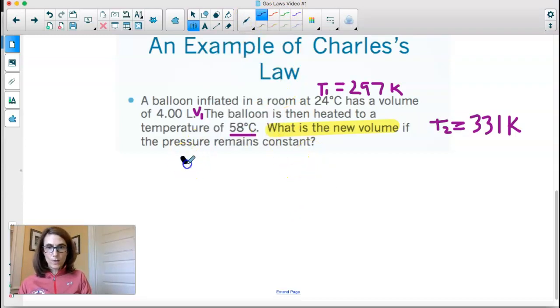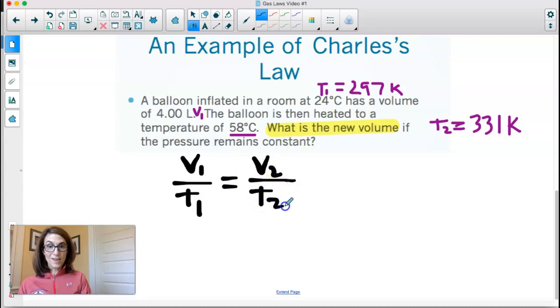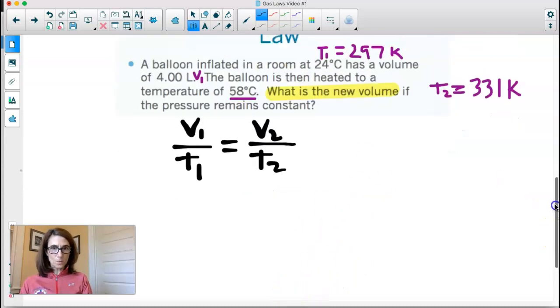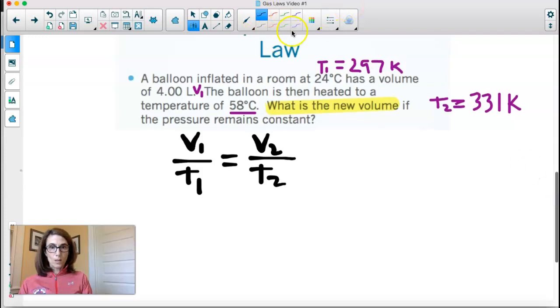All right, so we have V1 over T1 equals V2 over T2. Since we've already converted our T's, we can go ahead and plug in our values. So V1 was 4 liters.